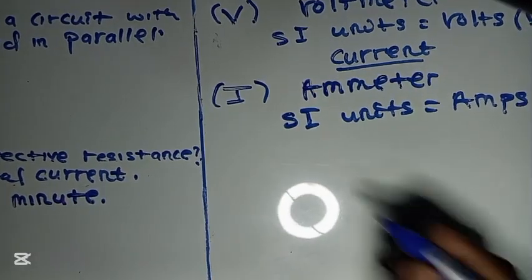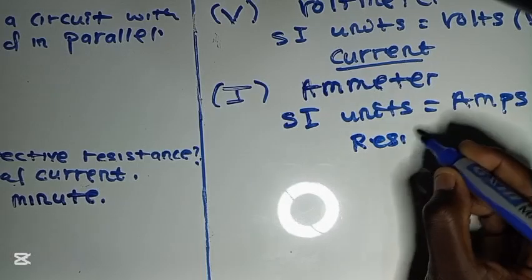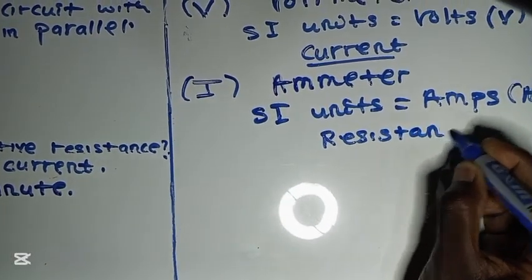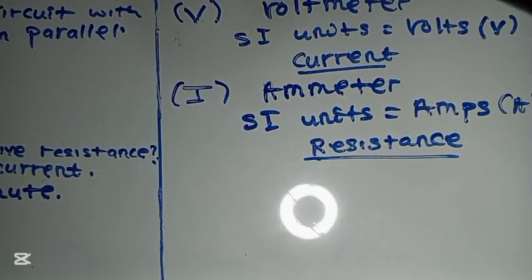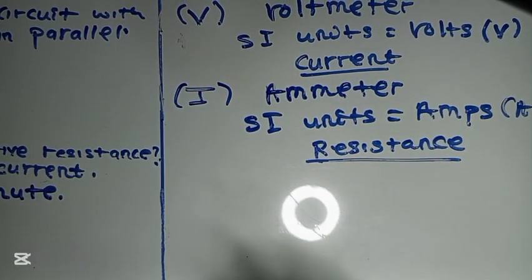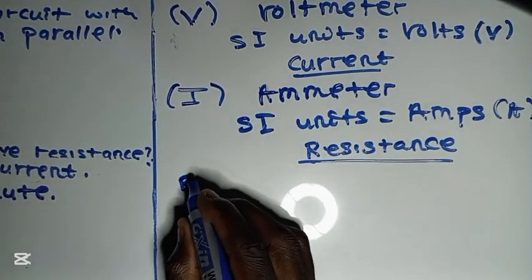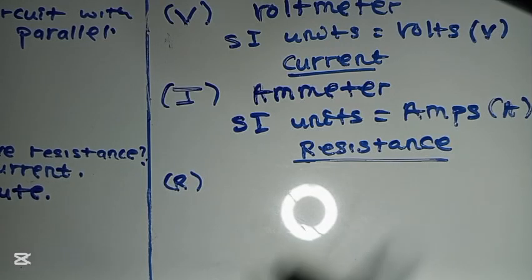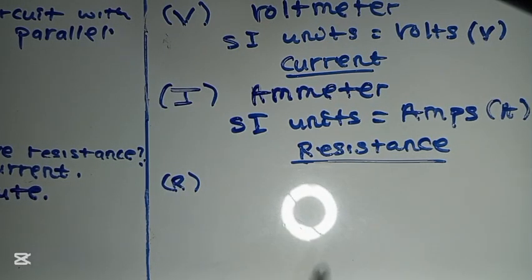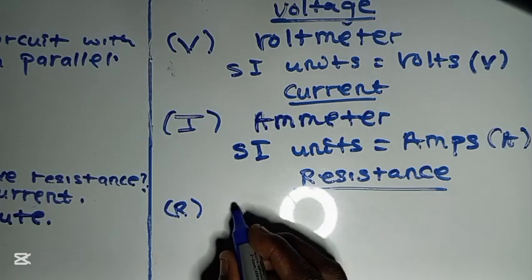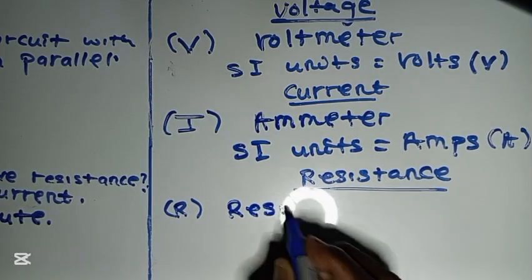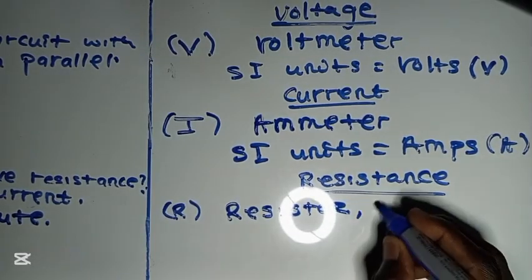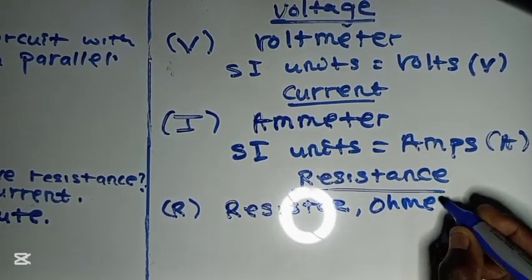Finally, we look at resistance. We defined it as the opposition to flow of current, represented by capital letter R. We have two instruments that measure resistance: the resistor and the ohmmeter.